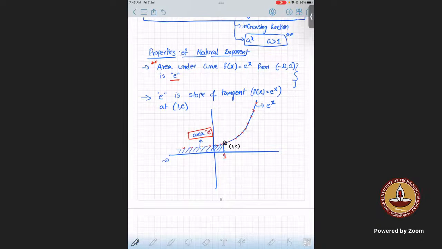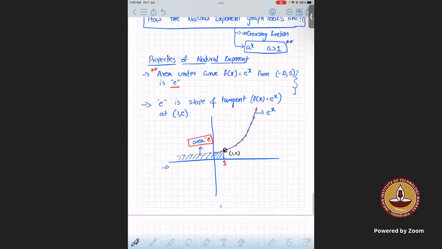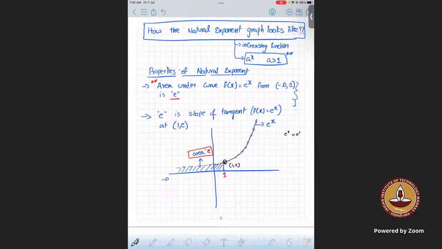Why is it 1 comma e? e power 1 is e. That's why it is 1 comma e. If you draw a tangent, the slope of the tangent is equal to e.